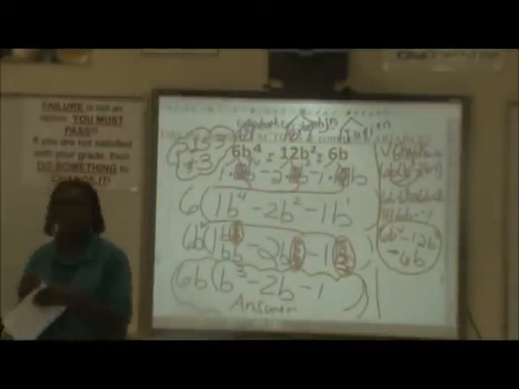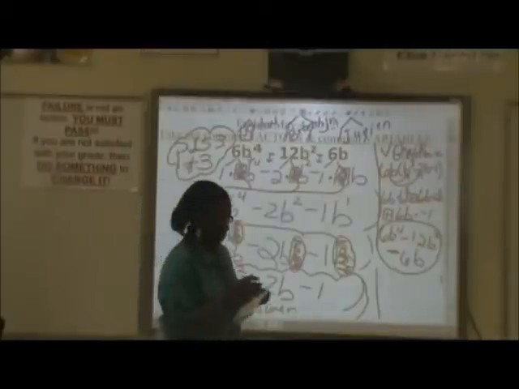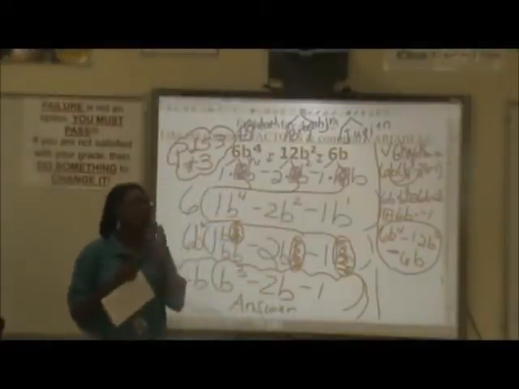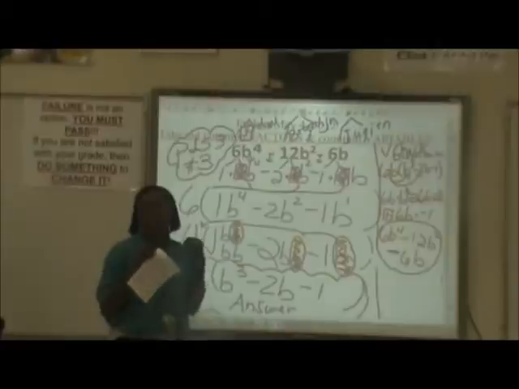You took out your like numbers, but you haven't taken out your like variables yet. Come up here. I need you to take out all of your like numbers and all of your like variables.